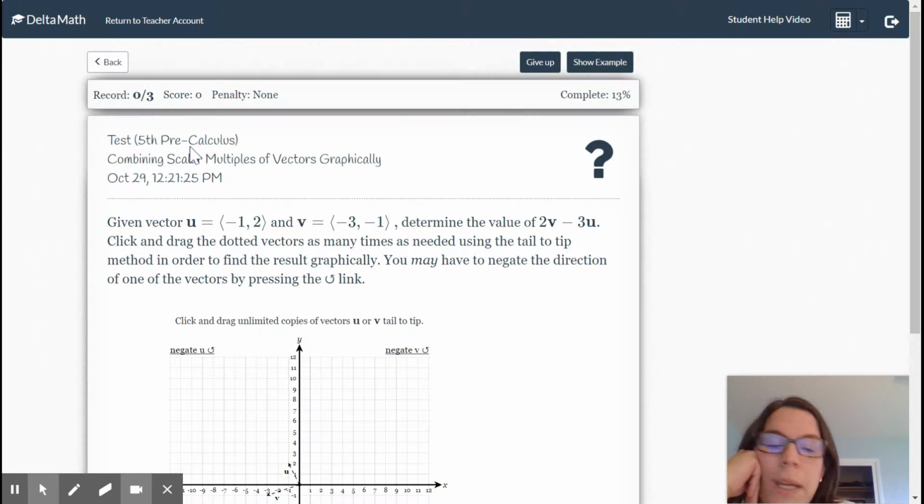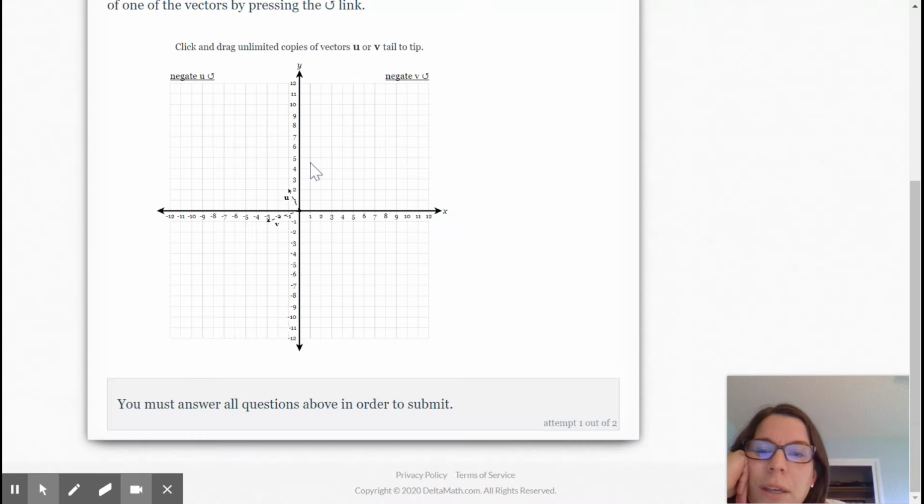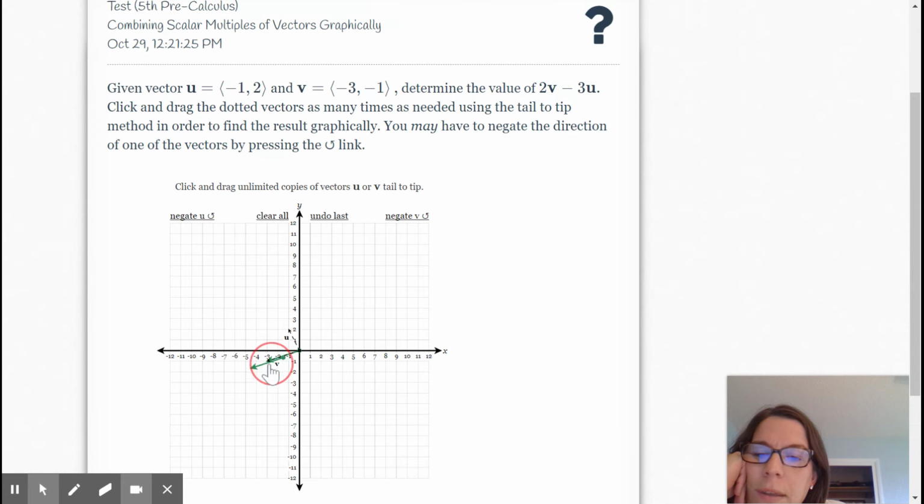Okay, let's try combining scalar multiples of vectors graphically. We're going to take 2 of the vector v's and subtract 3 of the u's. So let's start with 2v. I'm going to take v.